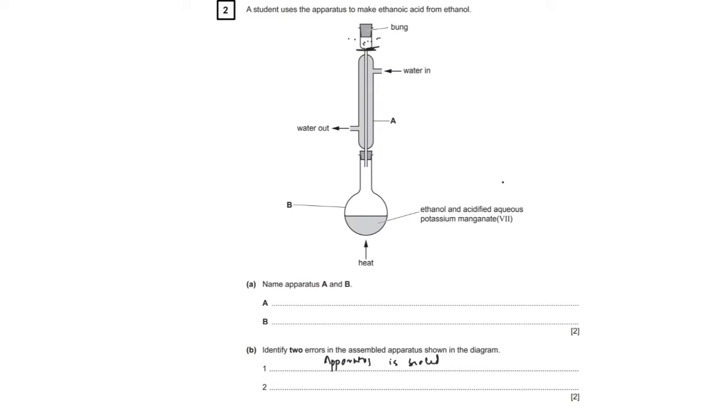So the first error is that apparatus is sealed, and the second one is that the water in and water out is labeled the wrong way. Water in has to be from here, and water out has to be from there. You have to make sure that, for example, if the condenser is this way, even then we push water in.